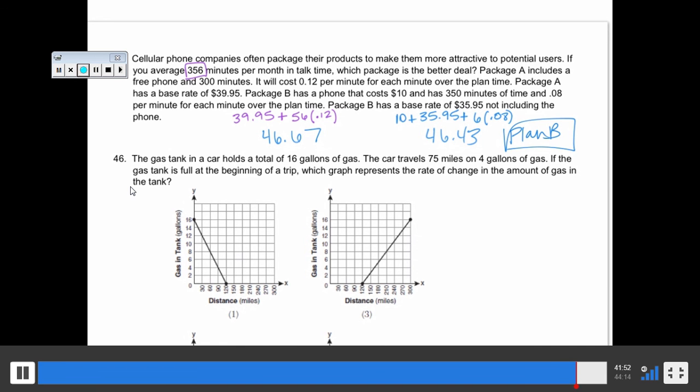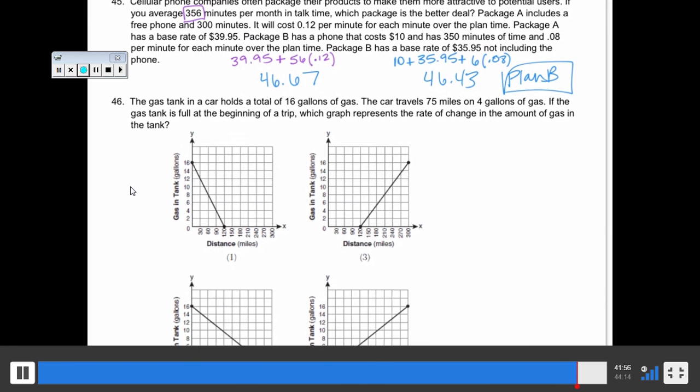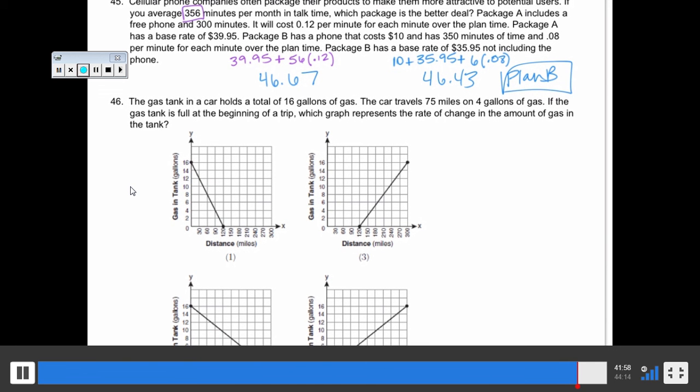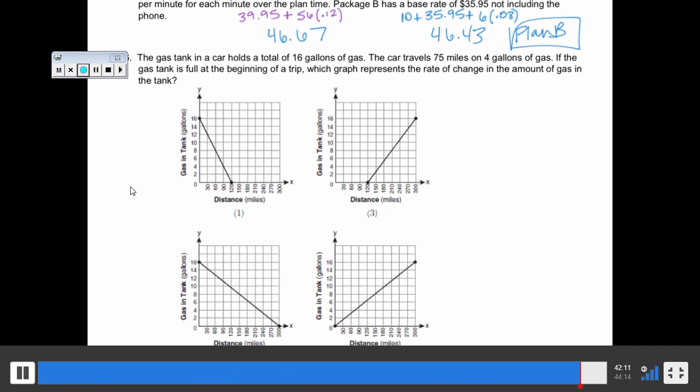Okay, so if we look at number 46, it says the gas tank in a car holds 16 gallons. It travels 75 miles on 4 gallons of gas. If the tank is full at the beginning of the trip, which graph represents the rate of change in the amount of gas in the tank? So first and foremost, if you start out with 16 gallons, that should be our y-intercept.